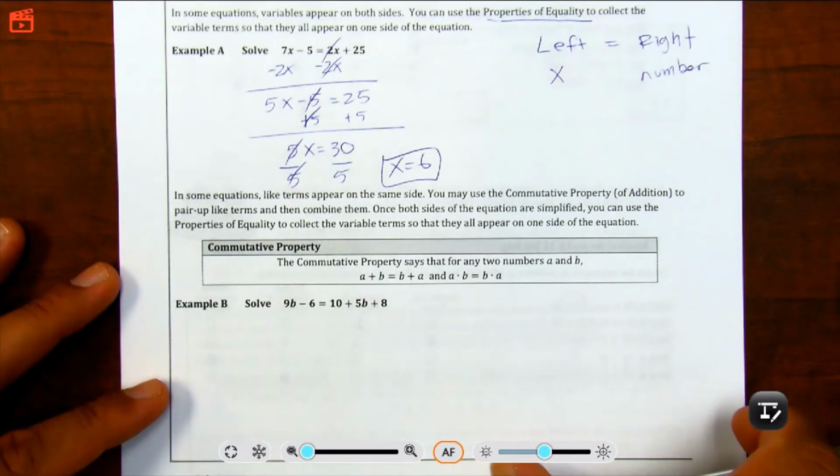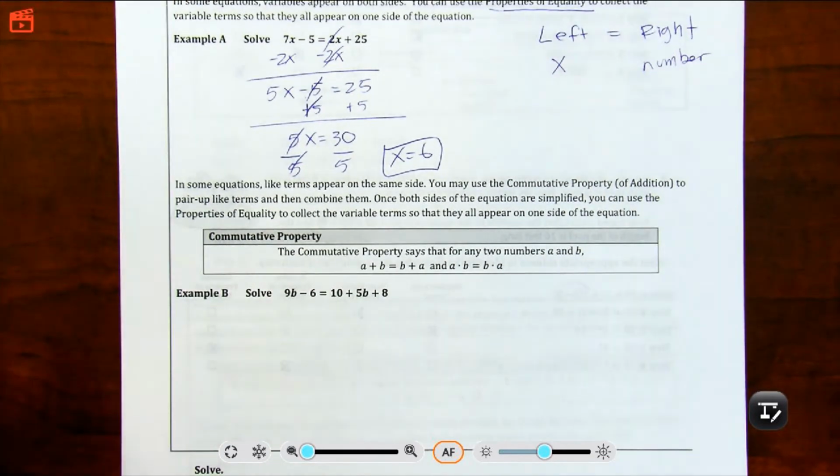Now, in some equations, like terms appear on the same side. And what you can do is use a property called the commutative property, where you could just pair up like terms and combine them by adding or subtracting.